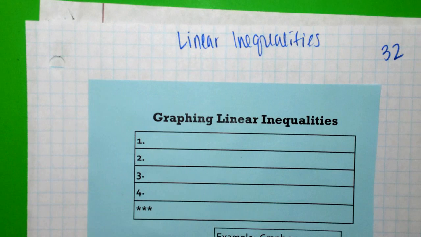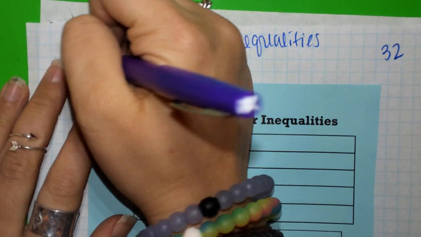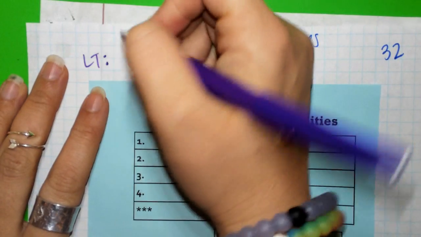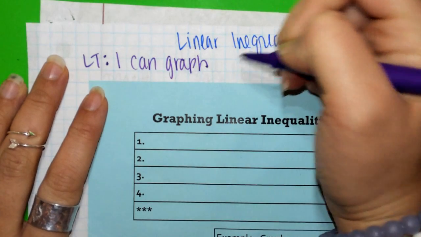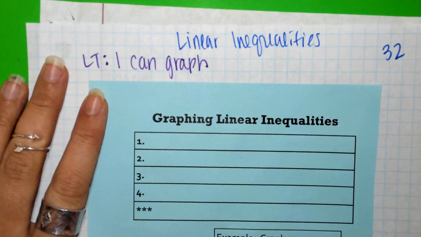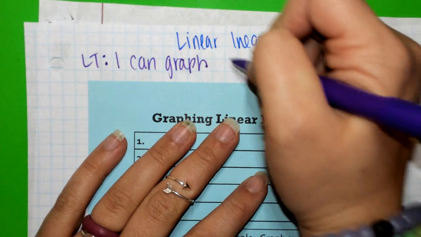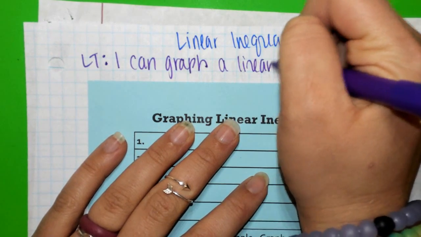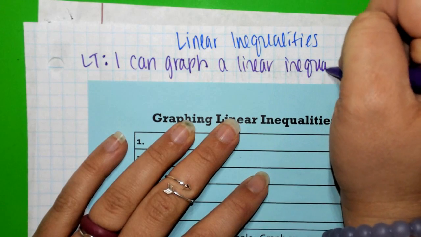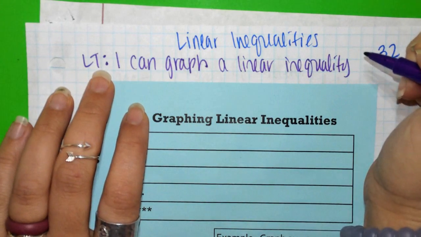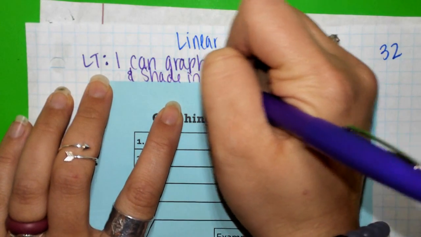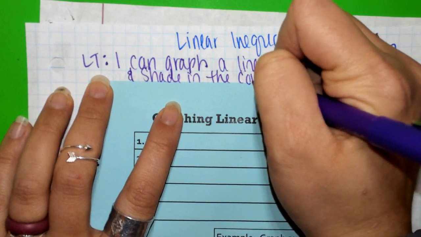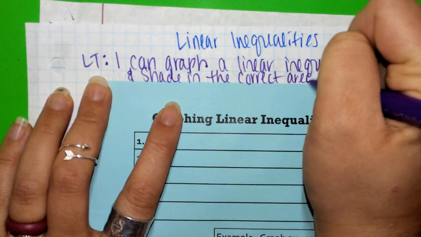Alright, so today's learning target, or today's goal, says I can graph a linear inequality and shade in the correct area.